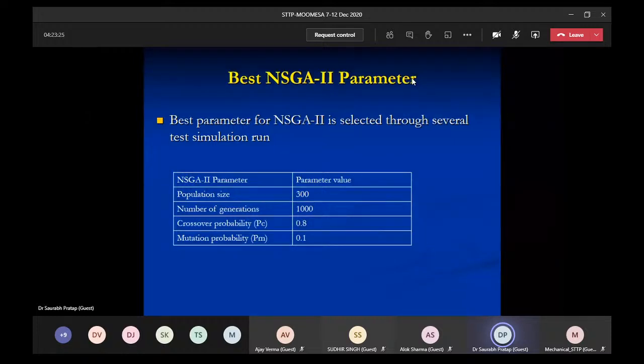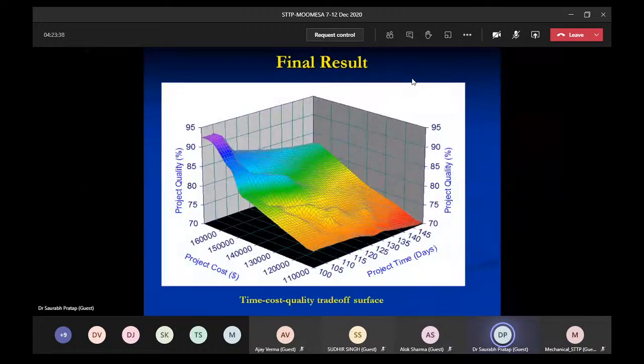The population size is 300, generations I have considered 1000, crossover probability is 0.8, and mutation is 0.1. After that, by running the program, I got this solution. It's a three-dimensional objective function, so these will be the project quality, project cost, and project time.